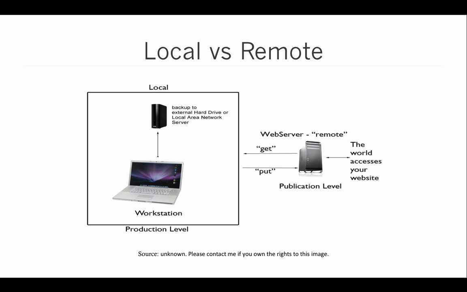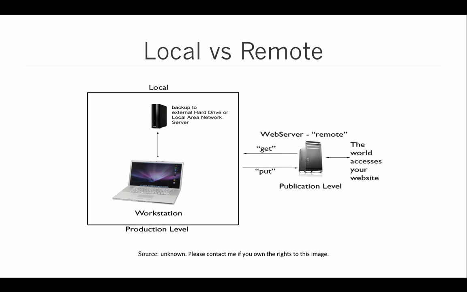So let's talk about local and remote. Your local computer refers to the one that's right in front of you now. When you're working on a website, when you're in development, you're going to be making many changes, and you don't want the whole world to see these changes. You want to get everything right before you decide to publish it to the remote server.